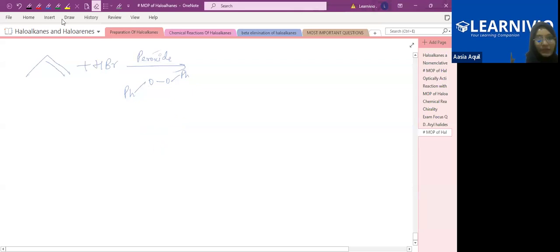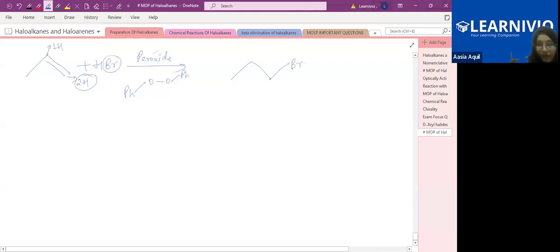It means you attach the negative part, the bromine atom, on the carbon which has more hydrogen. Now see, this carbon has two hydrogens and this carbon has only one hydrogen. According to the anti-Markovnikov rule, you will attach the bromine where the hydrogen is more, on this carbon.